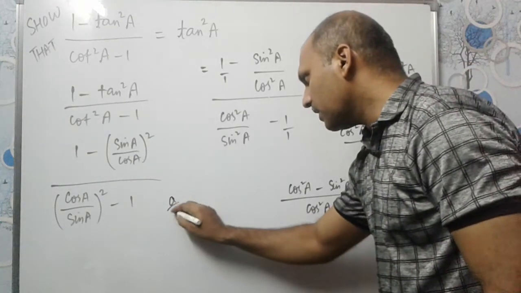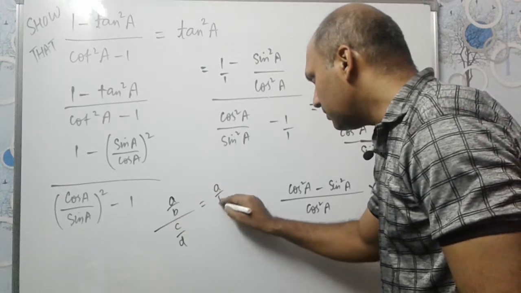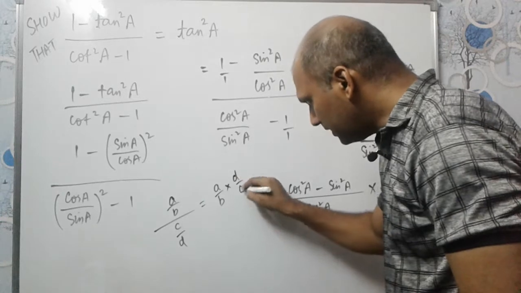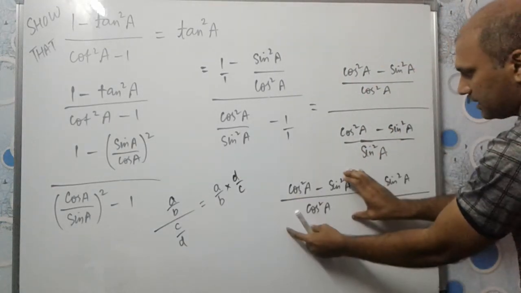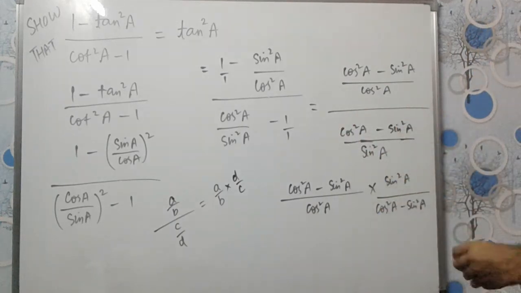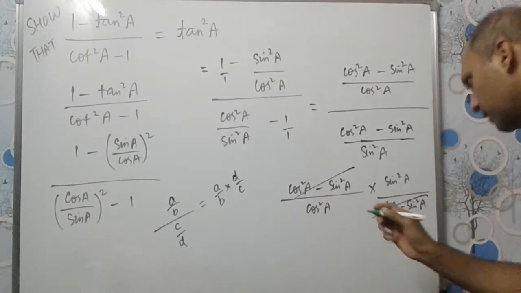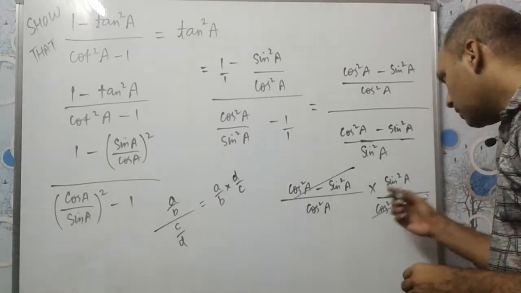If we have A by B divided by C by D, this big division will become multiplication, and this C by D will become D by C. So we did the same thing. The numerator we wrote as it is, this big division we wrote as multiplication, and this we reciprocaled. Cos square A minus sin square A, cos square A minus sin square A is the same, so we cancel that.